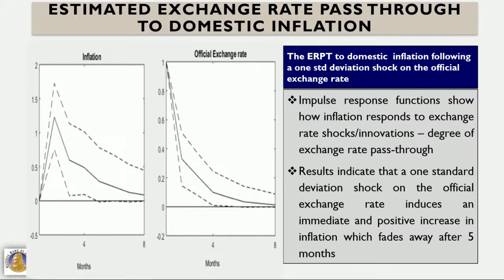What the graph is basically showing is that after a one standard deviation shock on exchange rate, there is a positive and very significant response of inflation to exchange rate, which is also persistent. And I think Dr. Mbericha has also indicated that there is persistence in terms of the exchange rate shock to inflation.